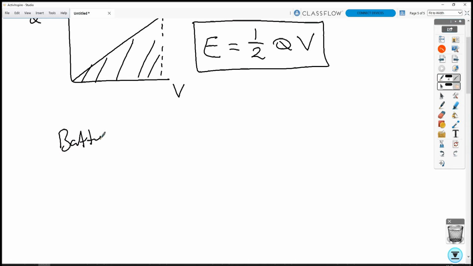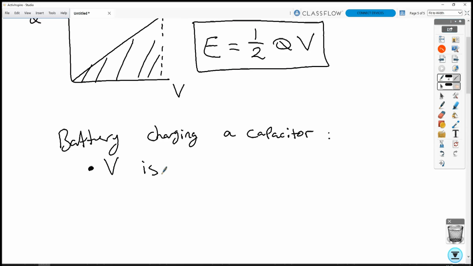So our battery is charging the capacitor. The battery is providing a potential difference. The potential difference is the work done by the battery per unit charge.